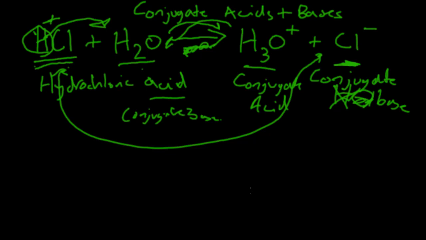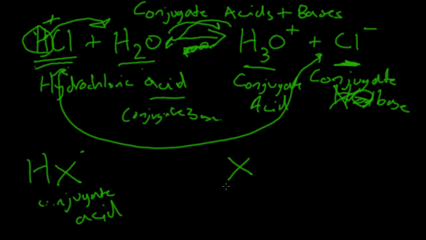If that seemed a bit complicated, a very easy way of thinking of it is any molecule with an H is a conjugate acid of the same molecule without the H, which is its conjugate base.